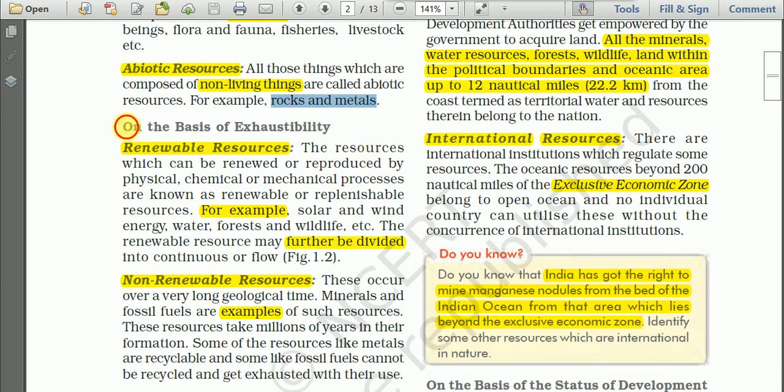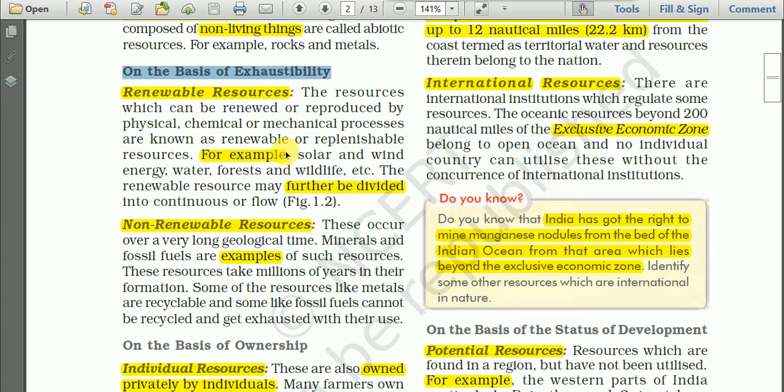Next, on the basis of exhaustibility, we again have two types. The first one is renewable resources. What are renewable resources? The resources which can be renewed or reproduced by physical, chemical, or mechanical processes are known as renewable or replenishable resources.